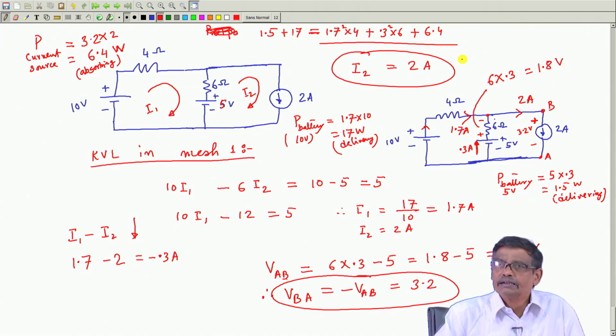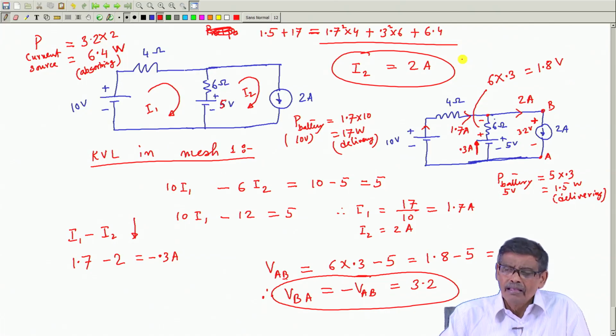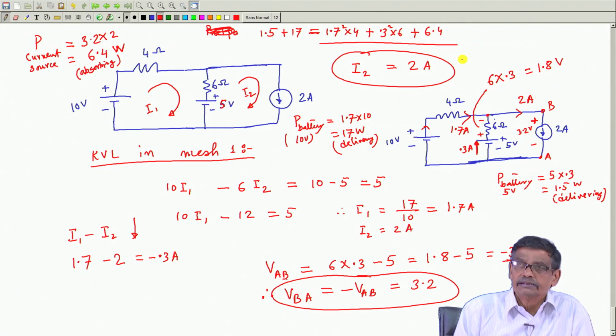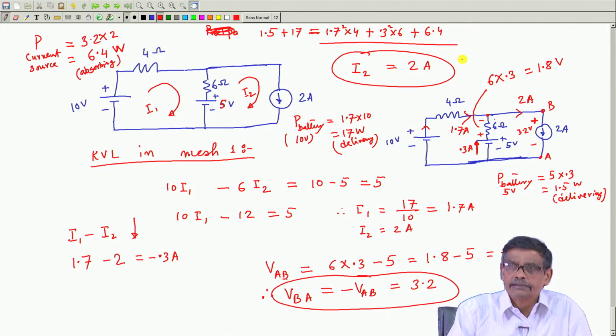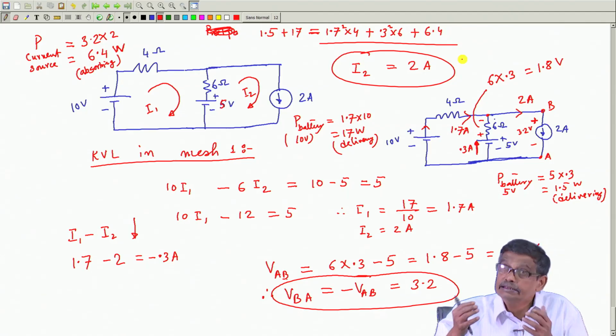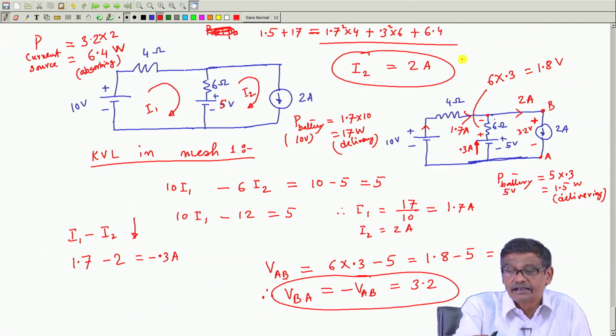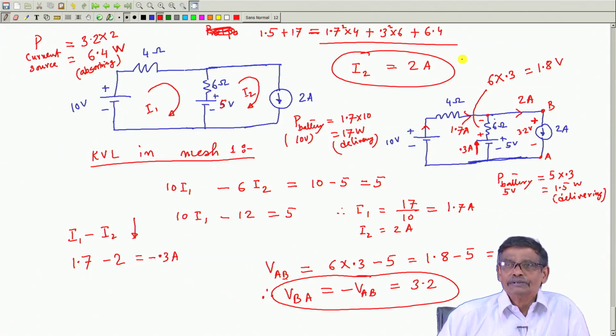So, in a circuit there may be several sources. Therefore, the final comment is this: when I adopt mesh analysis, the number of equations to be solved is equal to the number of meshes in general. But if you are lucky that in one of the outer loops there is a current source, then you have to solve fewer equations, because that mesh current is known.